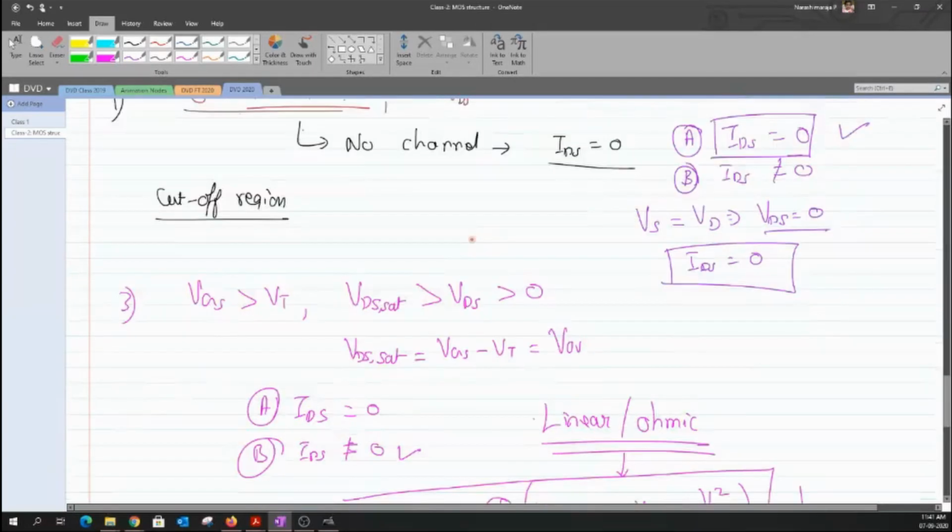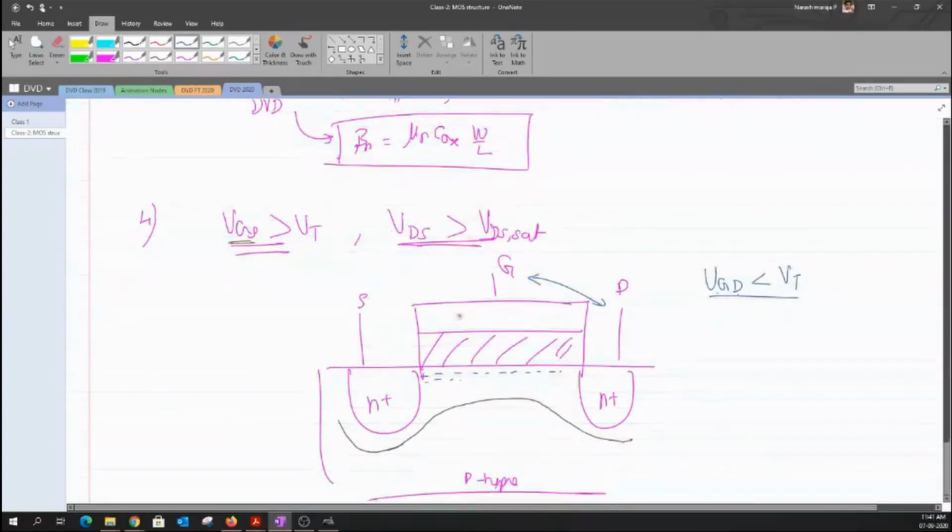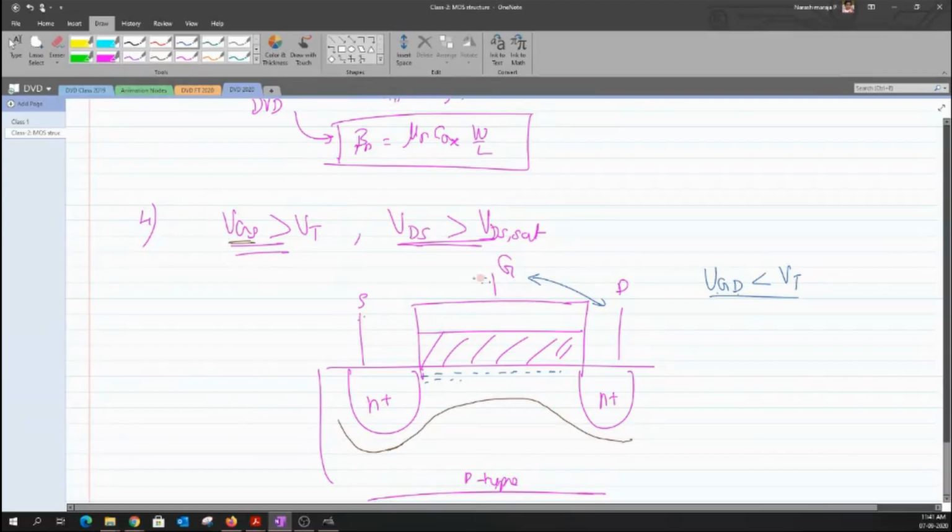But in this case, the voltage difference between the gate and the source is more than VT, so we will have a lot of charges here. But when I compare the voltage difference between the gate and the drain, we don't have the potential to create a channel. The potential has dropped below the value of VT, and due to which the channel will be a tapered region. We call this the pinch-off condition, and we say that the transistor has got into the saturation regime.